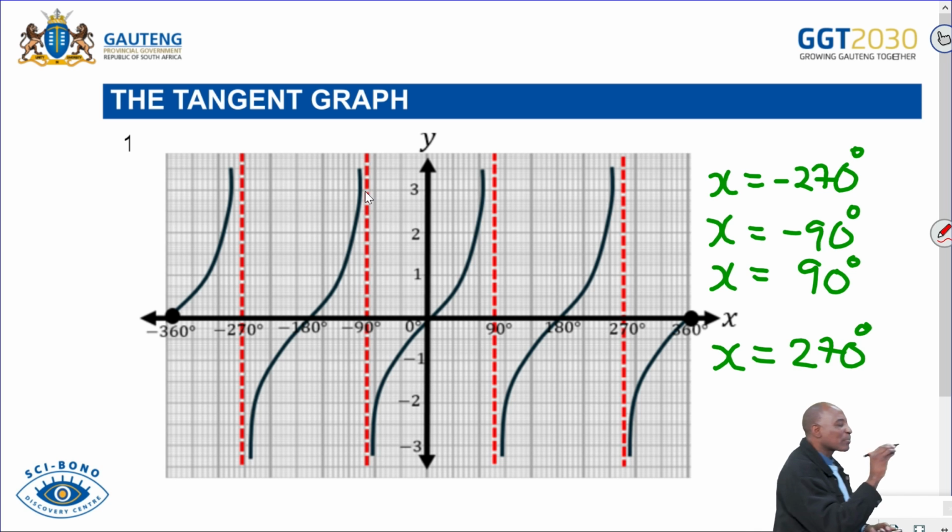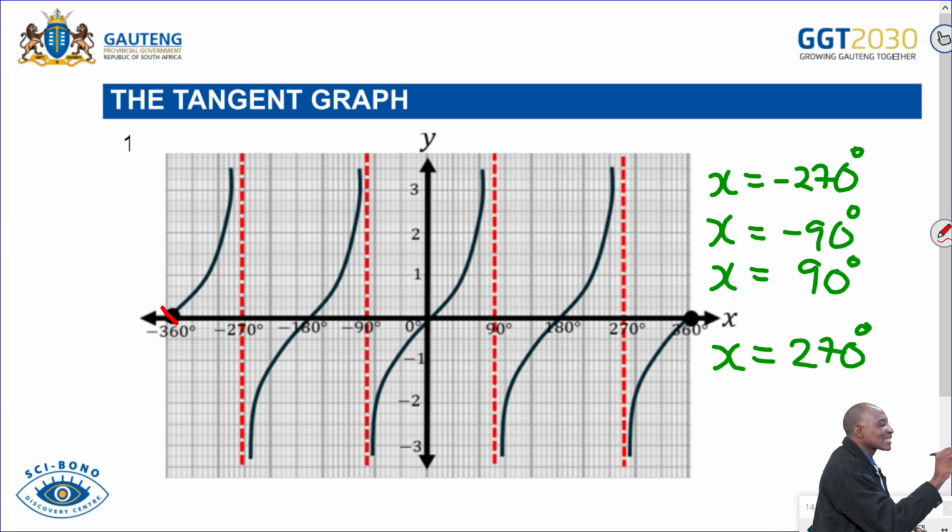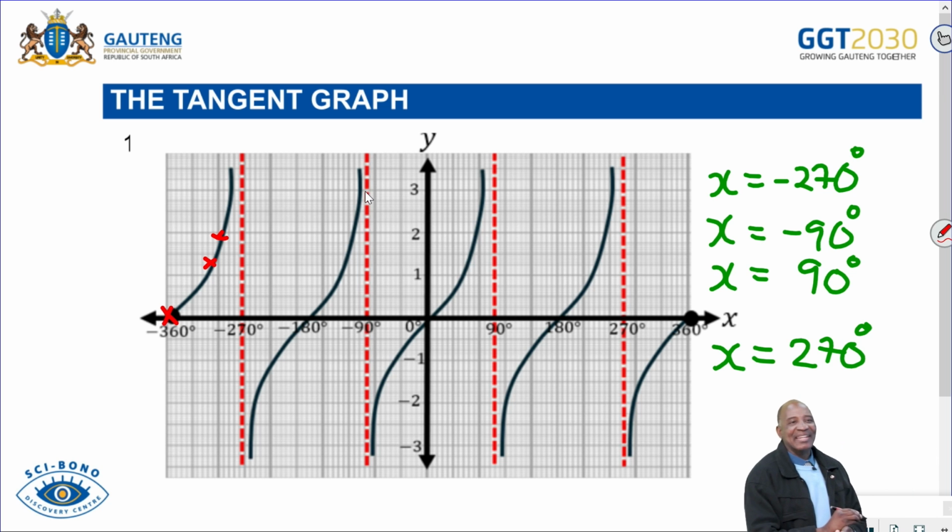So when we start plotting our points now, we realize that at negative 360 is a 0 there. Then as we go closer and closer to negative 270, you can pick any other angle, maybe negative 350, negative 300. You'll find that the values are positive up there, getting closer and closer towards that vertical line.